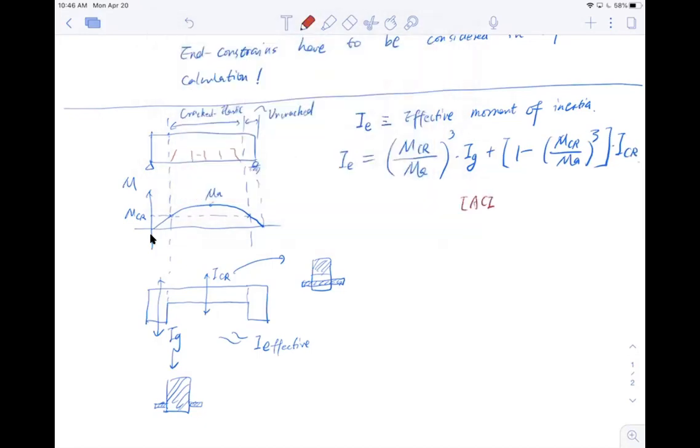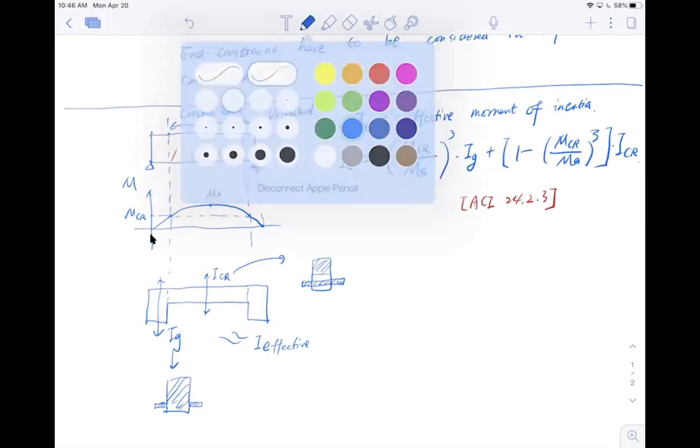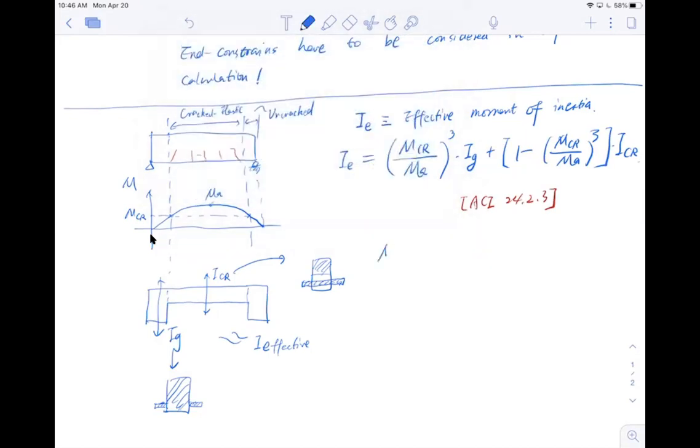You can find this in ACI 24.2.3. ACI also tells us how to calculate the crack moment, which we have from previous lecture notes: Mcr equals the modulus of rupture fr multiplied by the gross moment of inertia Ig divided by yt. You can calculate that.